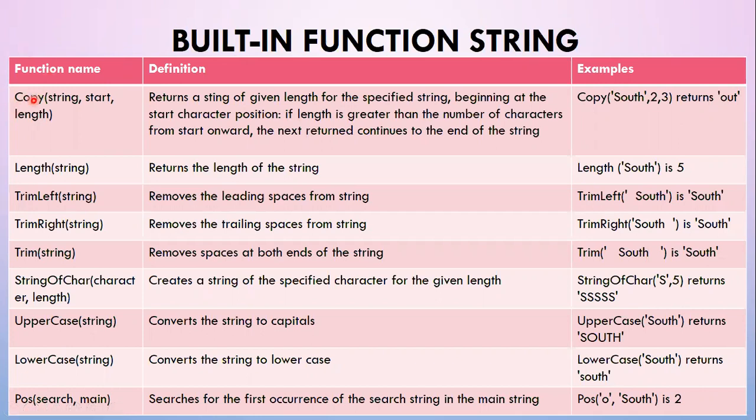There is the copy function. Copy means go and take part of that string and copy it and paste it somewhere else for me. The copy function is made up of the string, my start, that's my first position, and the length, the amount of characters that I would like.